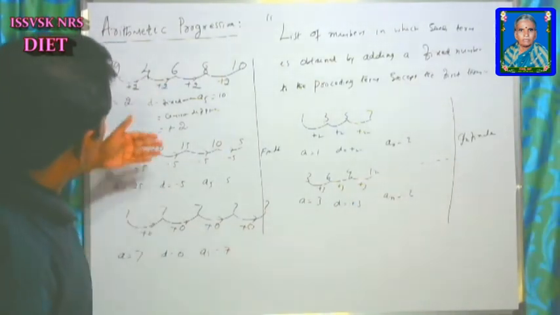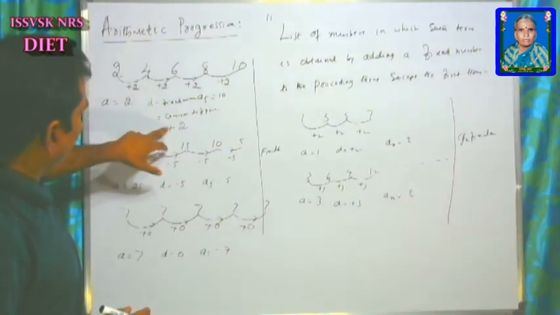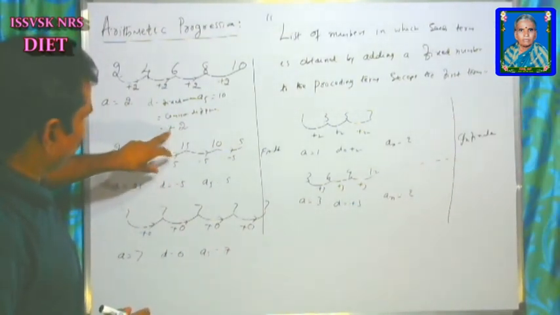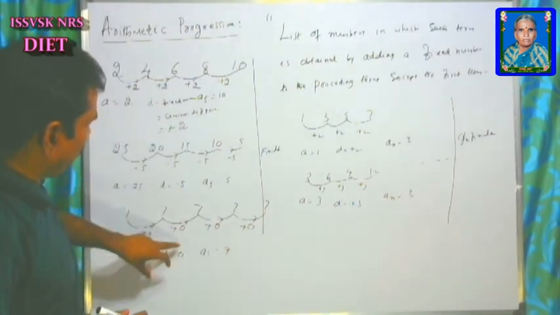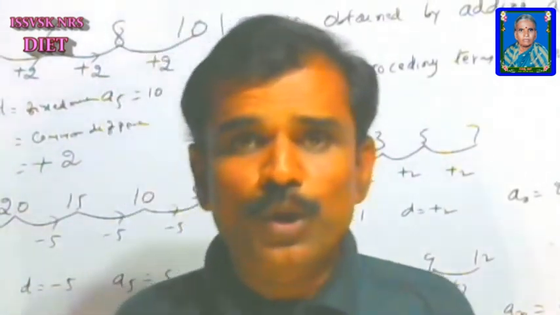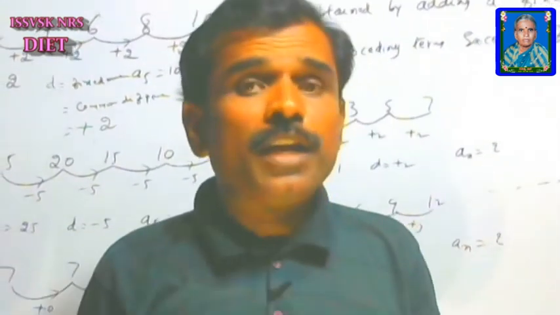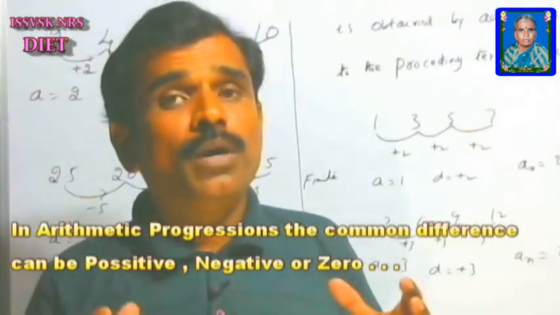Here in all these arithmetic progressions the common difference is plus 2, that is positive, here negative, here 0. Therefore we can say in arithmetic progression the common difference can be positive, negative or 0.